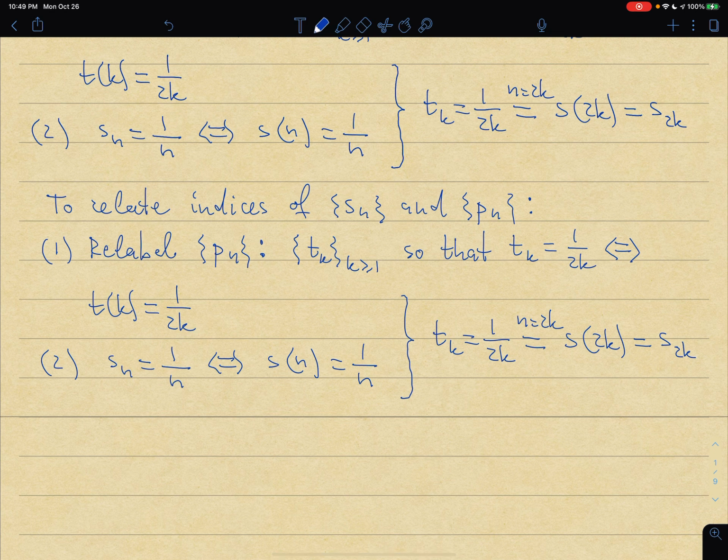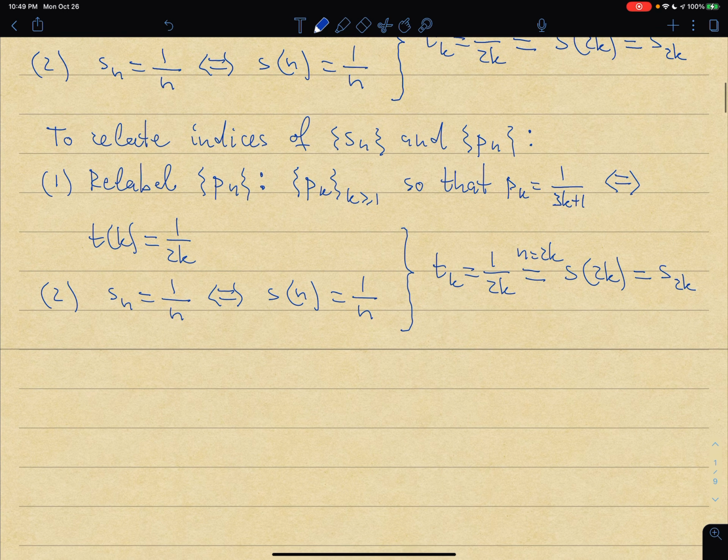I use a different index k, so that pk is 1 over 3k plus 1. This gives me again a function p of k equal to 1 over 3k plus 1. And Sn is still, of course, equal to 1 over n.